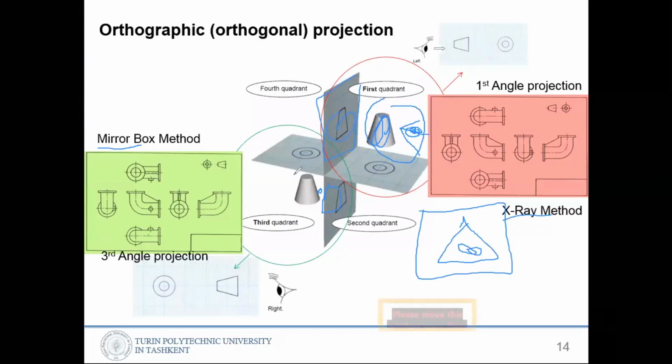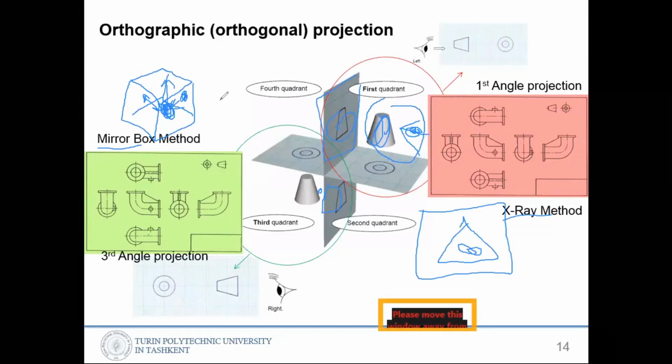But in mirror box, you're putting your object inside a box, a mirror box. So the box is made of mirror. Every day you are looking at the mirror. So you are putting your part here, and what you see in the mirror, you're seeing the projection side. Okay, so the side of this will appear here in the mirror. So you open that mirror, and from this side, what you see appears here, and this side appears in the top.